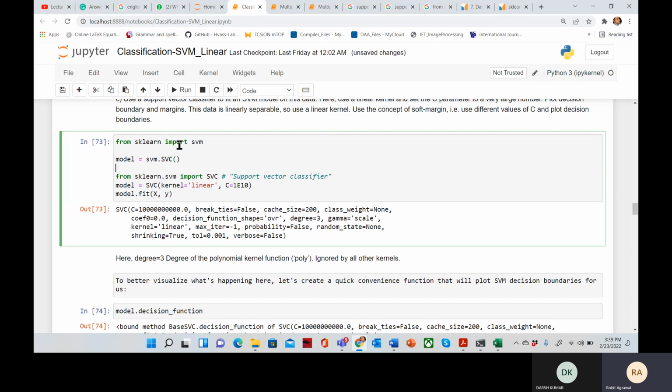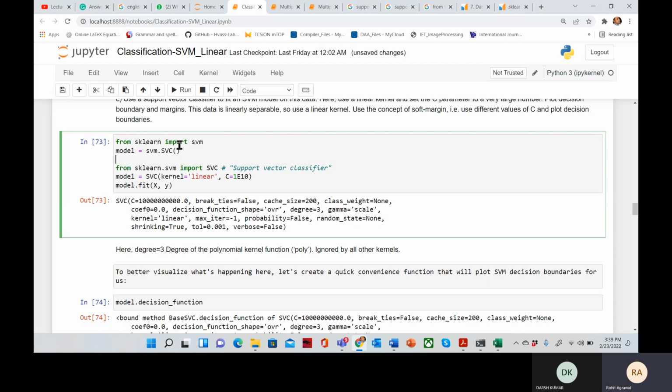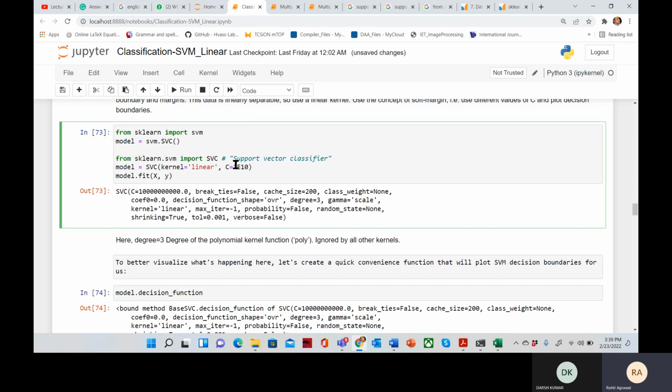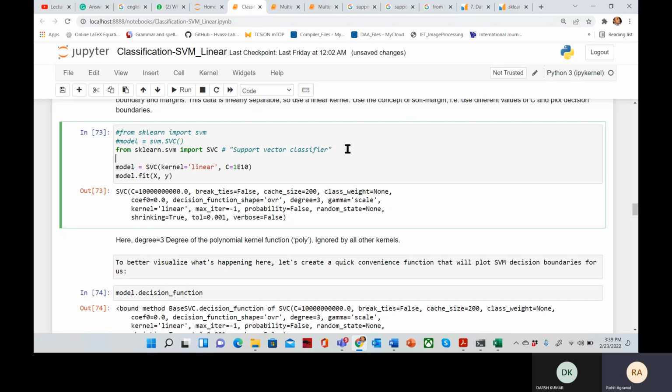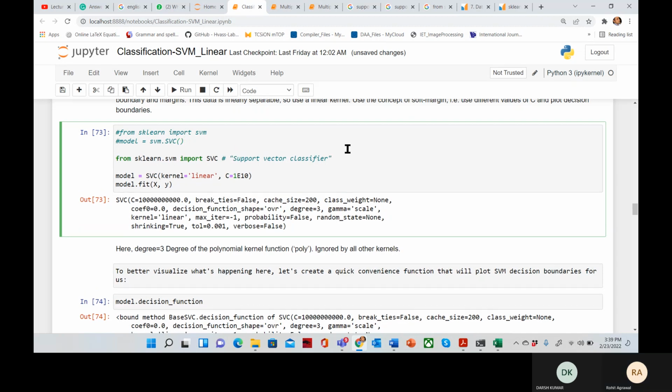Either you can use this, or directly use from sklearn.svm import SVC. Clear? Nothing is different. So we have just imported SVC, that is called support vector classifier, and SVC with kernel linear.